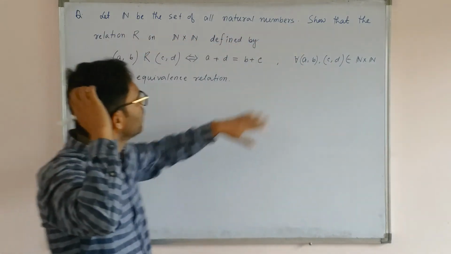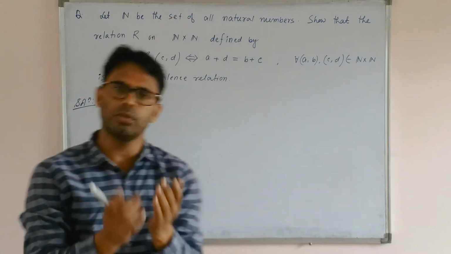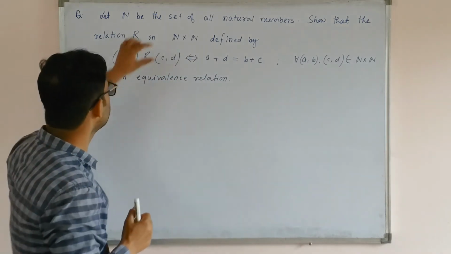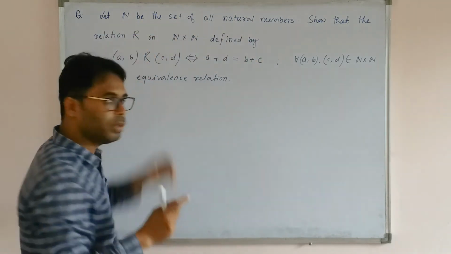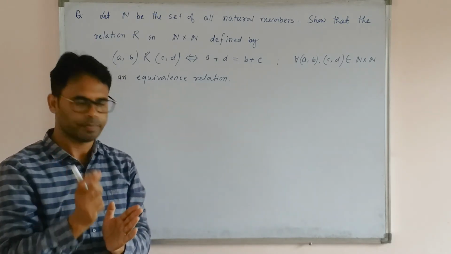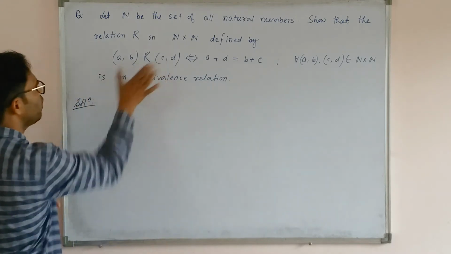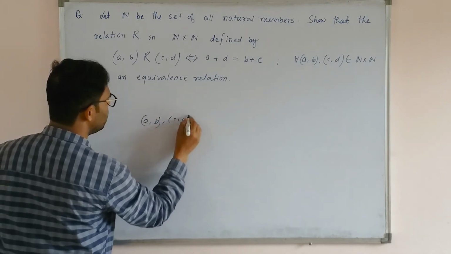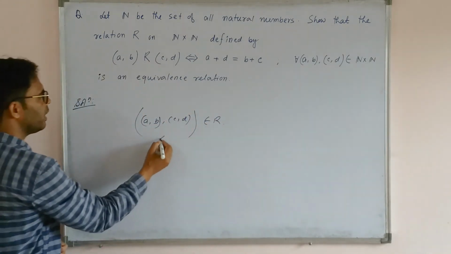Show that the relation R on the set N cross N, that is, the set of ordered pairs, defined by the elements of the set being ordered pairs, (a, b) R (c, d), is an equivalence relation.